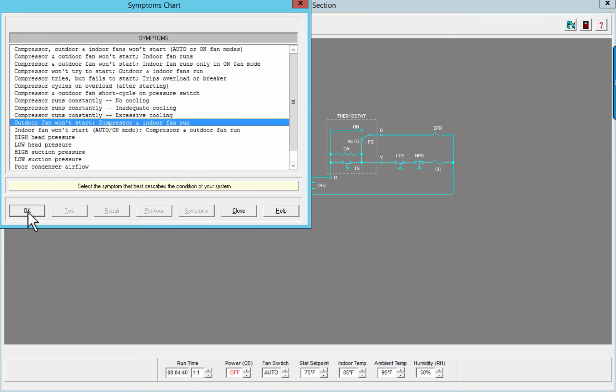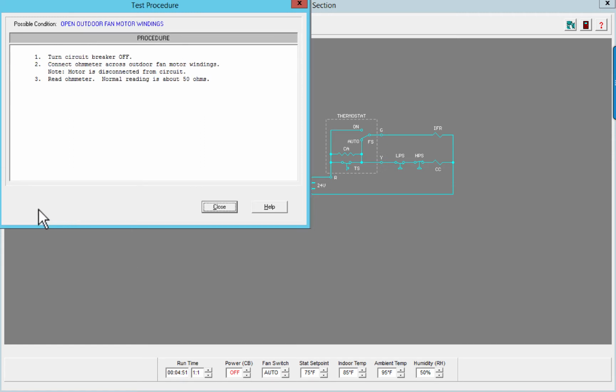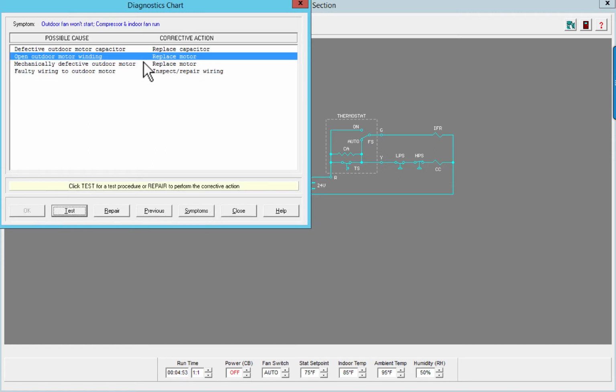So let's go ahead and select that. Okay, outdoor fan motor winding open because we already did that. Let's replace that motor. And let's just repair that in the magic of Simutech.